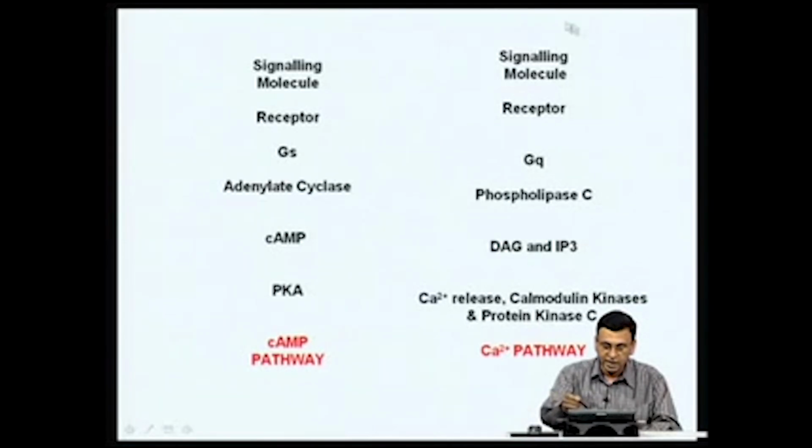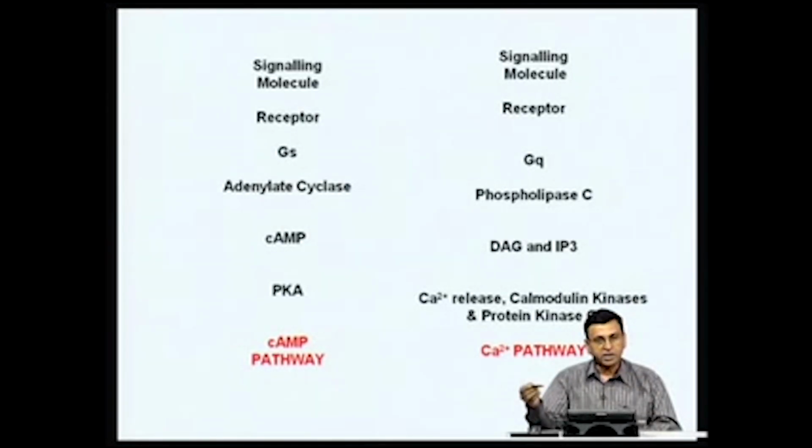And we also now discussed the calcium pathway, wherein different kinds of signaling molecules, when they bind with their cognate receptors, result in activation of a different class of G proteins, and here the G alpha subunit is called the Gq, which instead of activating adenylate cyclase, activates phospholipase C, and phospholipase C now converts inositol diphosphate into diacylglycerol and inositol triphosphate, and diacylglycerol and inositol triphosphate now result in calcium release, and the calcium together with diacylglycerol now activates protein kinase C, and calcium also binds to calmodulin, resulting in the activation of calmodulin kinases, and these 2 kinases together can go and phosphorylate a number of proteins including transcription factors, leading to activation and repression of target genes.